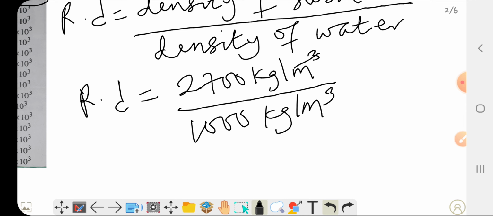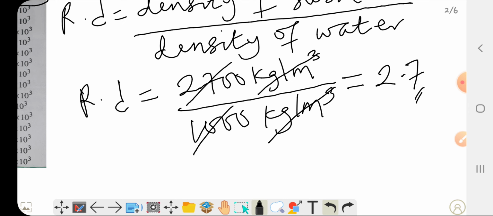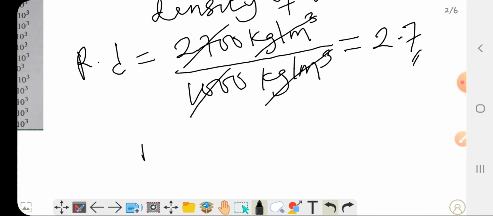So the units cancel out. That's why relative density has no unit, because the units cancel out. And if you now divide 2,700 by 1,000, you will get 2.7. There is no unit because the units have been cancelled out. So our relative density now is equal to 2.7. No unit.